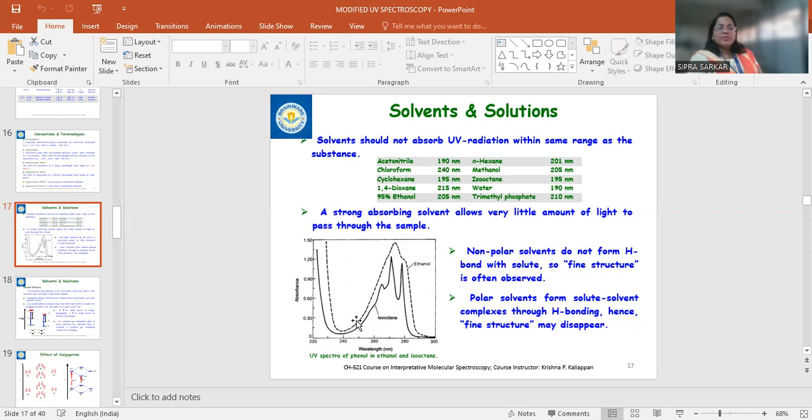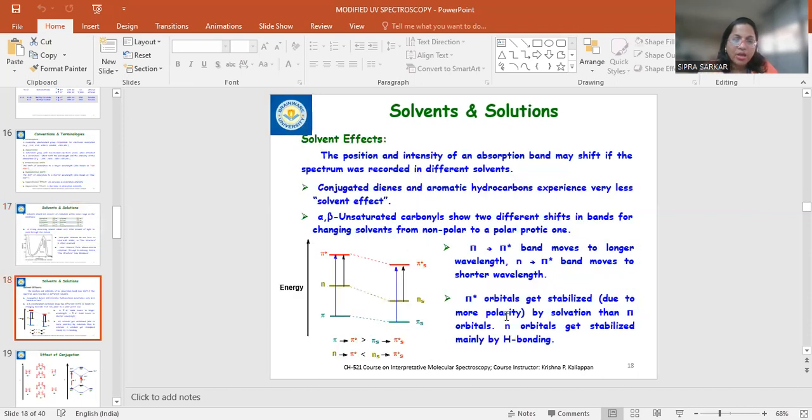That means some polar solvents form hydrogen bonds with the compound, and as a result we cannot find a prominent peak. So for absorption of a compound, we should select non-polar solvents where possible.